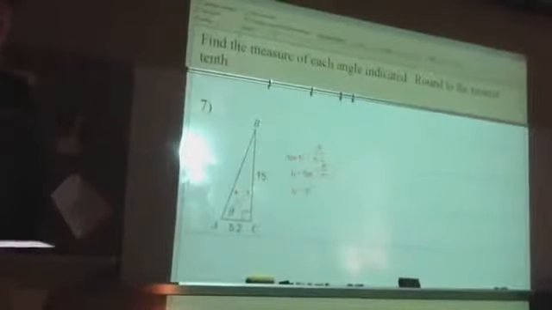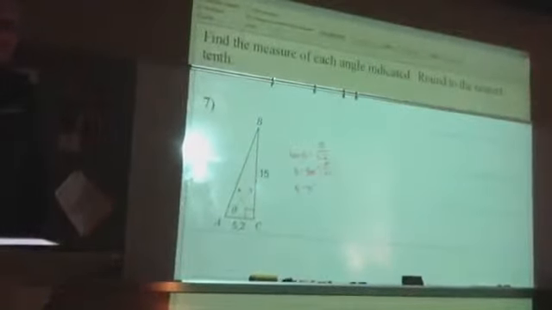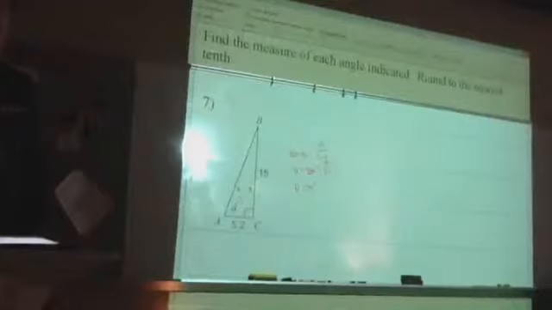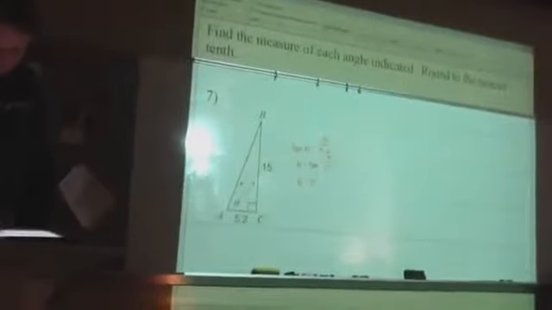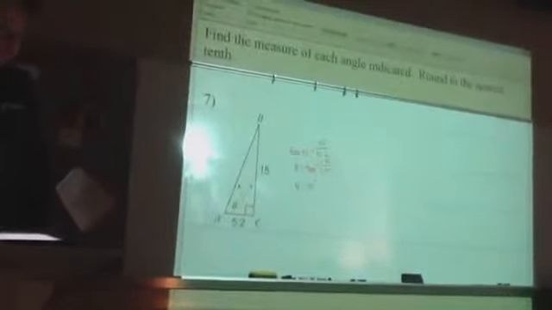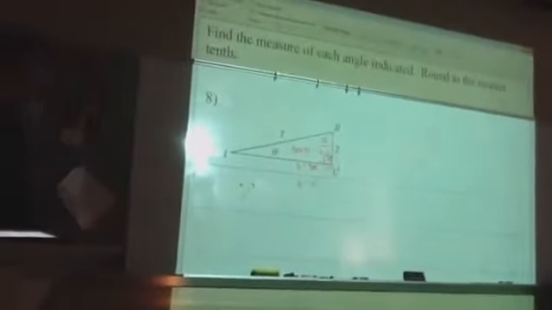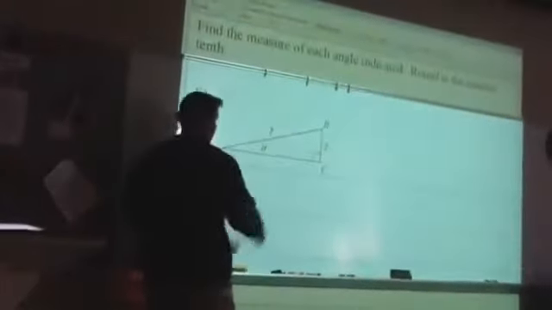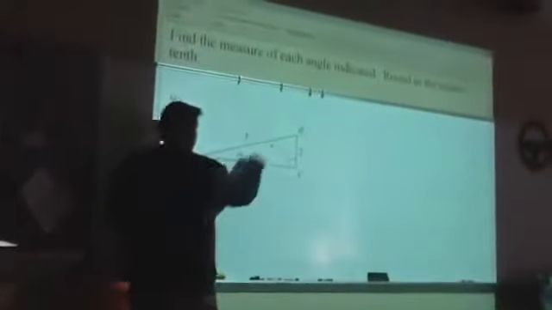Once again, it's a two-step thing. Write two steps down. It's not very difficult. So I don't have hypotenuse, use tangent. Number 8. In this one, I have the hypotenuse.